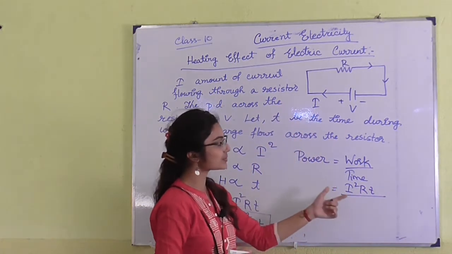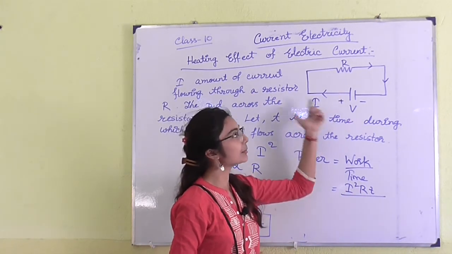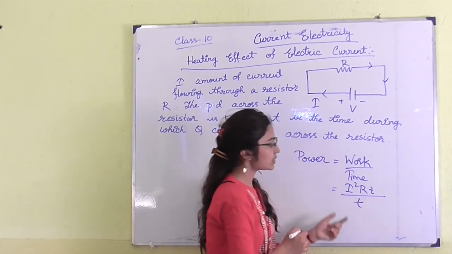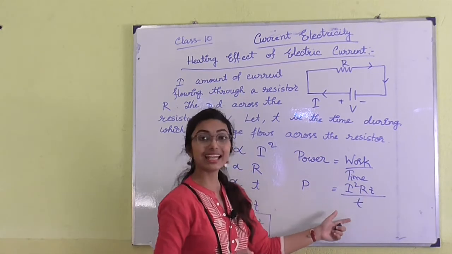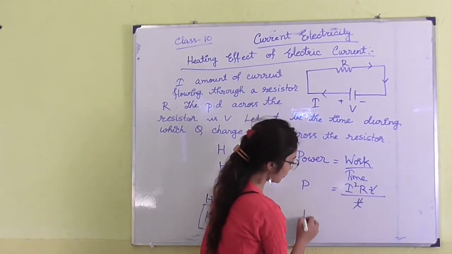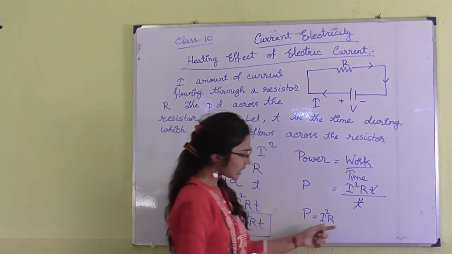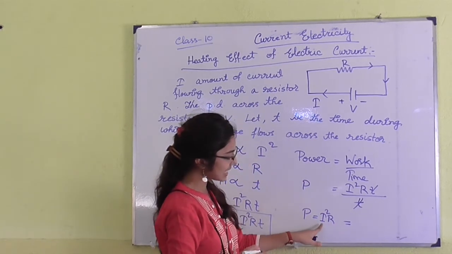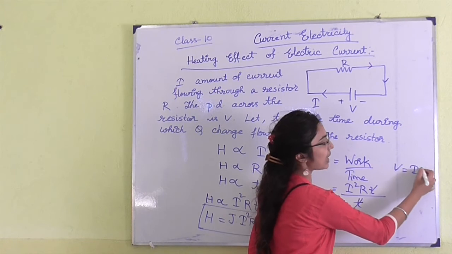So work done is basically I square RT. In time t, the work done by the circuit is I square RT, so power P is equal to I square RT by T. Cancelling out, we get P is equal to I square R. This is one formula of P. If I replace I using Ohm's law, from Ohm's law we know that V is equal to IR.